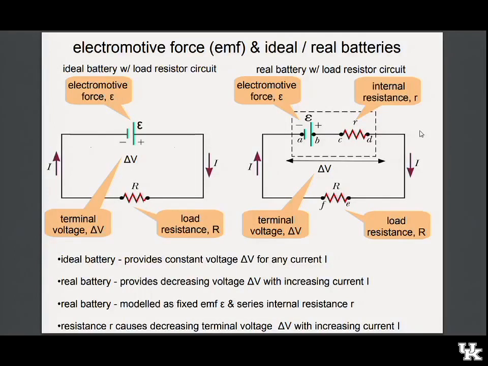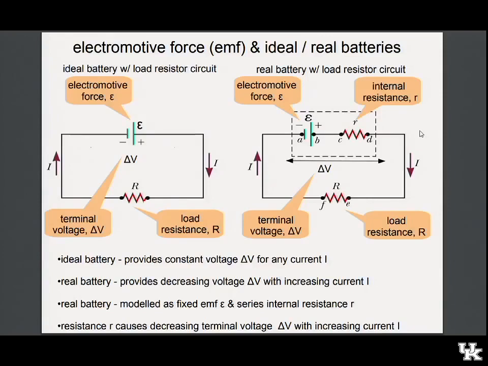Here is a circuit diagram for an ideal battery. And then there's a corresponding one on the right-hand side that is a circuit for what we call a real battery.